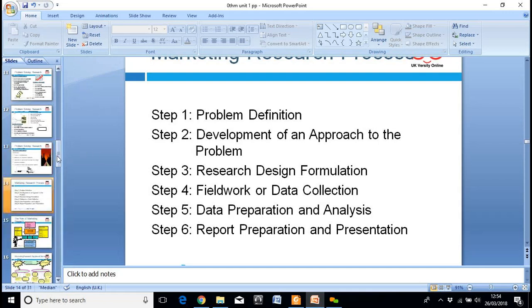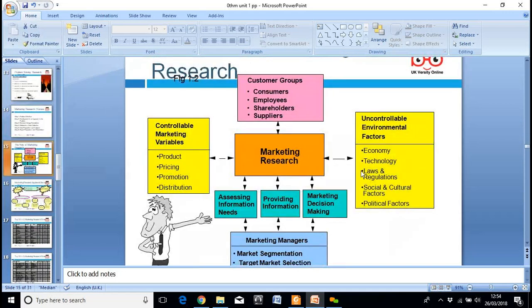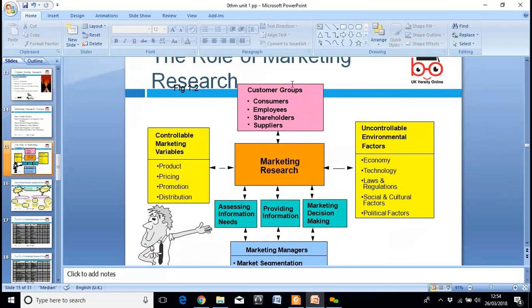Let me pull this up. The role of marketing research, how it fits in. So there are a whole host of pieces of information that you put into the research about your product, how it's priced, its promotion, its distribution.